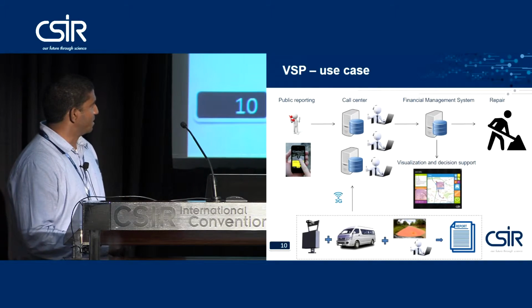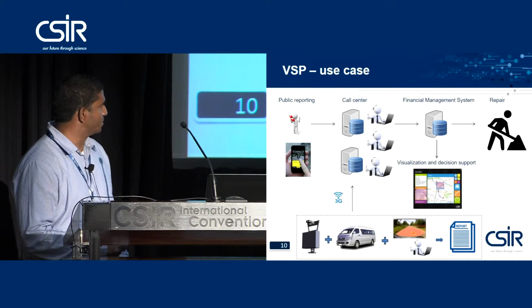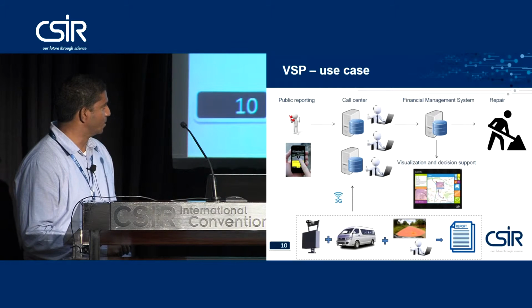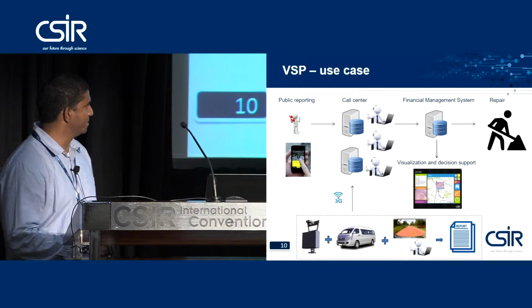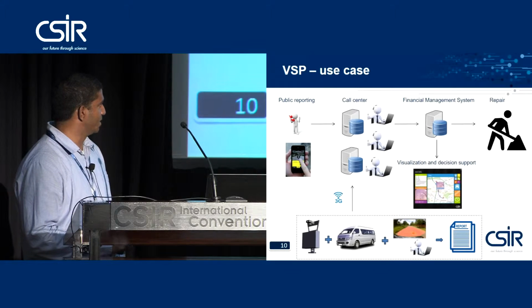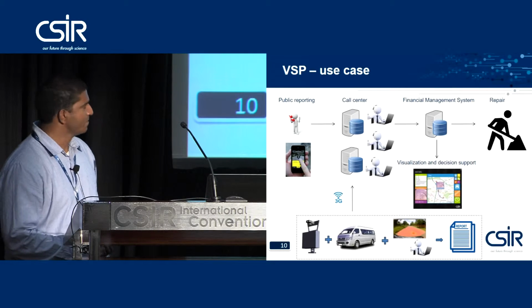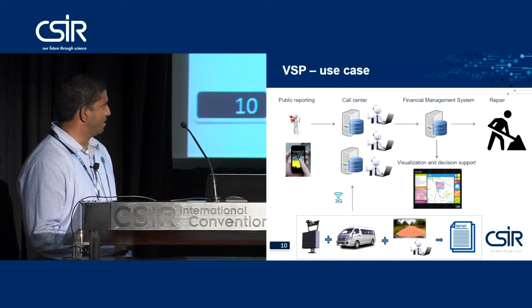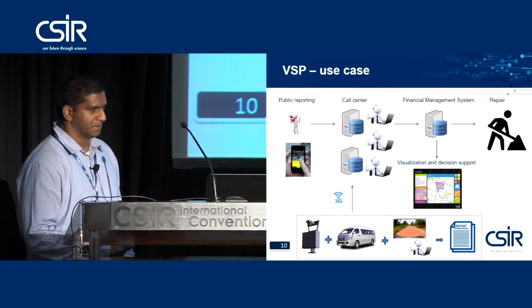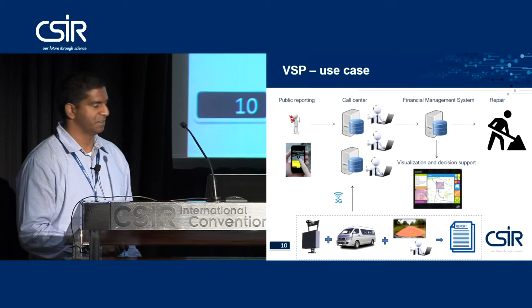Now, VSP, which is the system I just described to you, we figured we'd put it into a vehicle with a human operator doing the validation. So this is the hybrid mode that we had in mind. The operator and the driver drive around in a vehicle somewhat like this, and they do the validation. As soon as the validation is done, a report associated with the validated detection is generated.